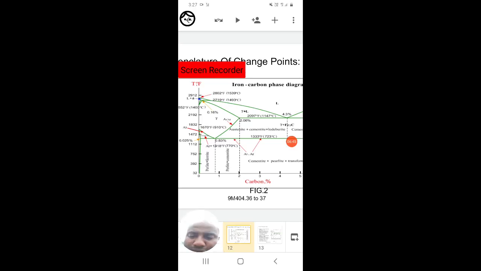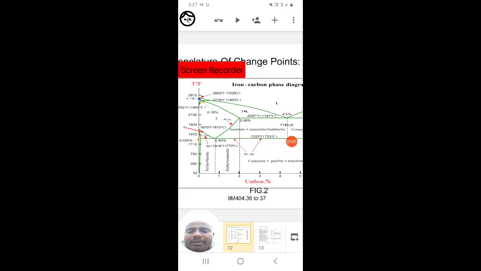That is austenite. It is a stable form of gamma iron at the temperature of 1147 degrees centigrade.